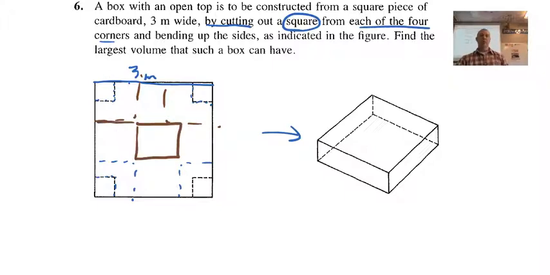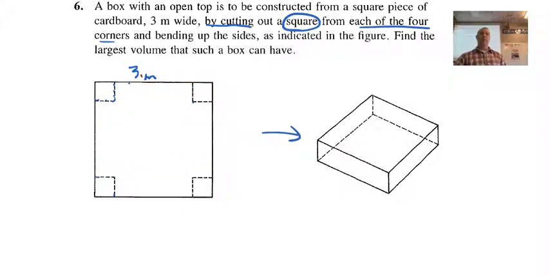If I cut out just a little bit, like the tiniest little square, like this, then it's going to have a very large base, but only a very small height. And that's not going to be the largest volume either. So we want to know where the sweet spot is. Okay? So bottom line is, we need to figure out what is needing to be optimized.